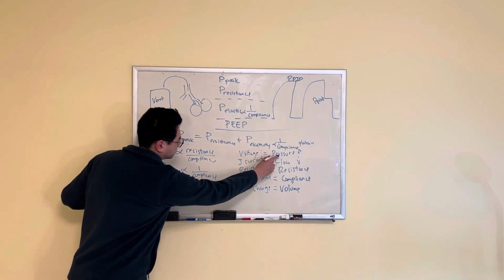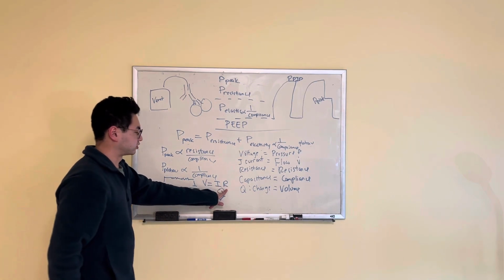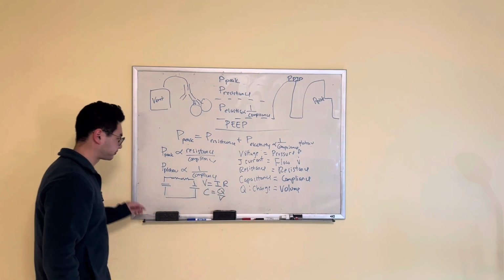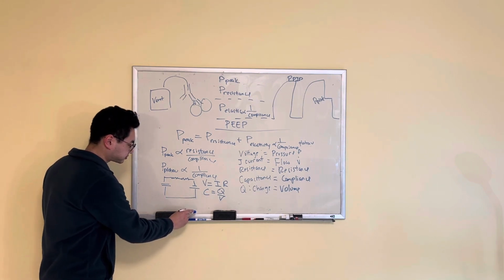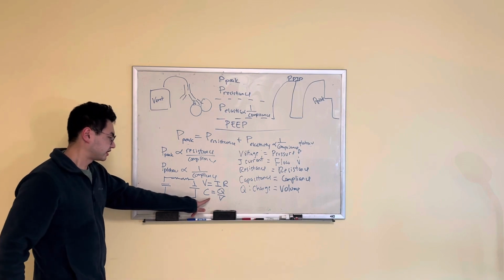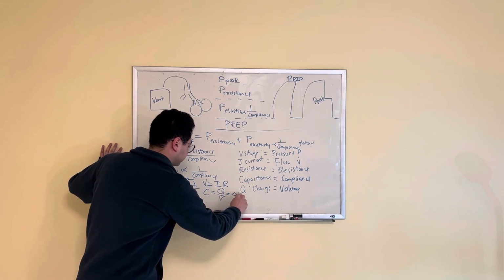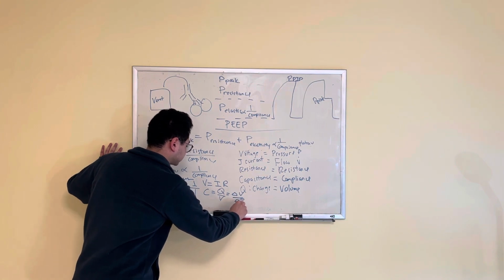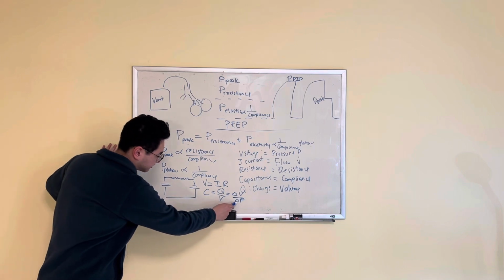Because we said the voltage is the pressure, right? Peak pressure is directly related to the resistance. And we showed that compliance is equal to change in the volume over change in the pressure, right? So here we have the pressure.